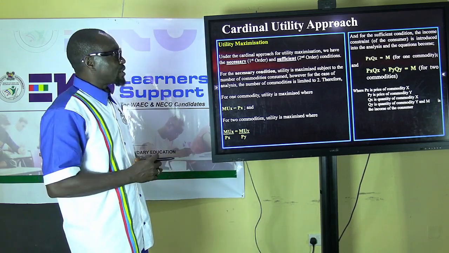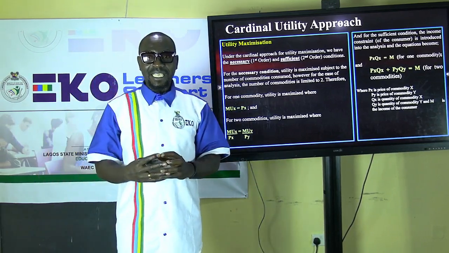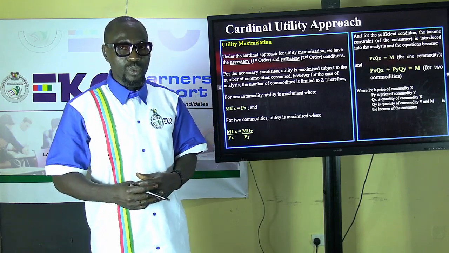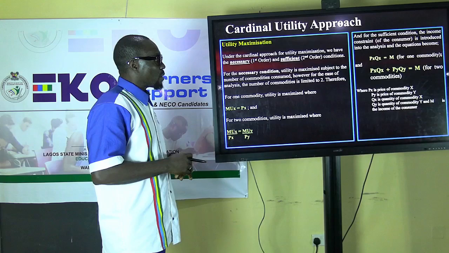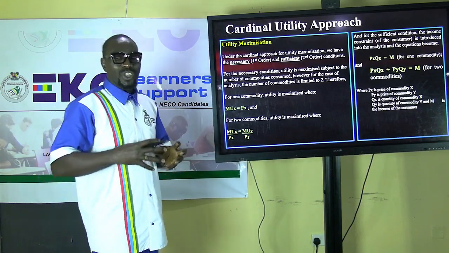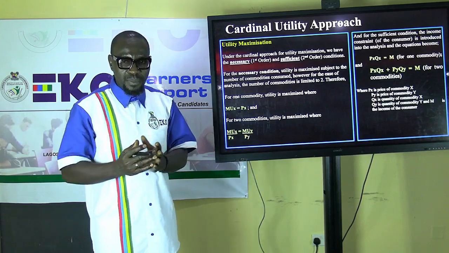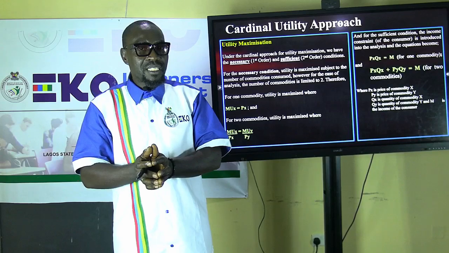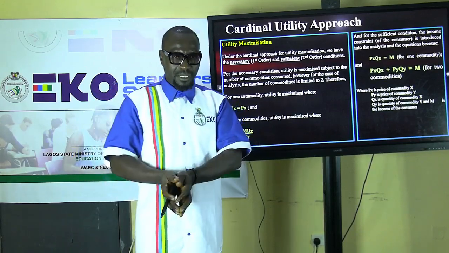For the sufficient condition, we have to bring in a third variable, which is the income. And this is what usually is referred to as the income constraint. For the condition to be sufficient, necessary means this condition must be in place. Sufficient means this condition must be fulfilled.